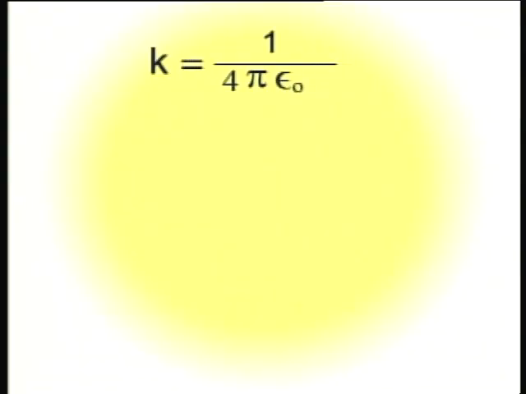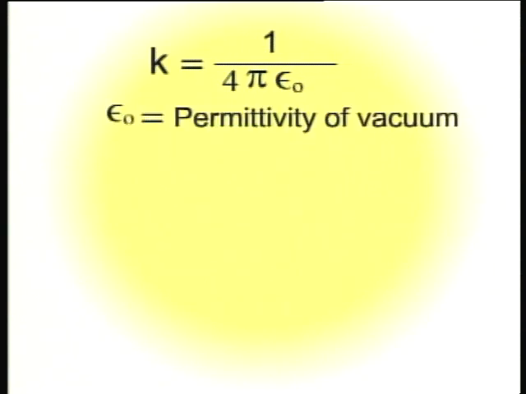Here K is the constant of proportionality whose value depends upon the units in which F, Q1, Q2 and R are expressed. In SI units, Coulomb is the unit of charge, and K, the constant of proportionality, is expressed as 1 upon 4 pi epsilon naught. Here epsilon naught is another constant known as permittivity of vacuum.